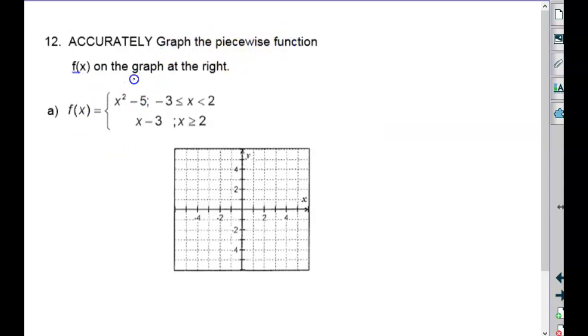Accurately graph the piecewise function. Aren't you excited to know that's in there? What shape is this, guys? It's a parabola that's been shifted down 5. So it's down here at -5. You could graph it on your calculator.